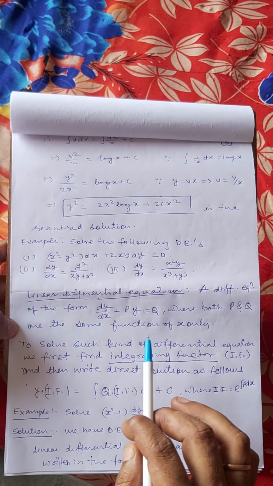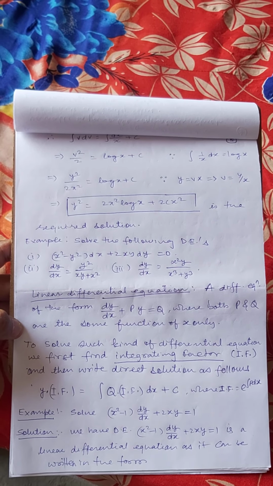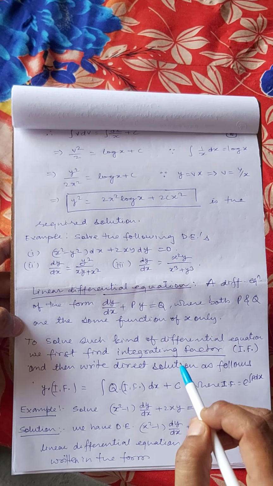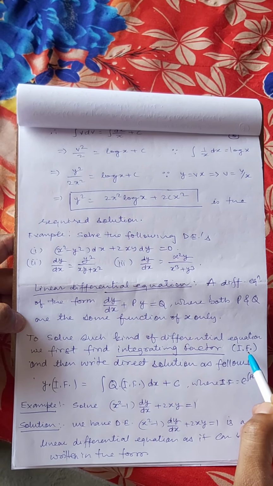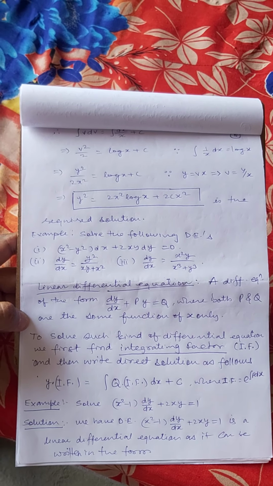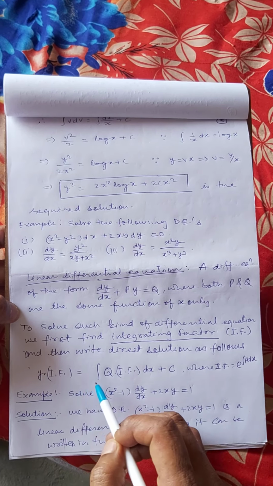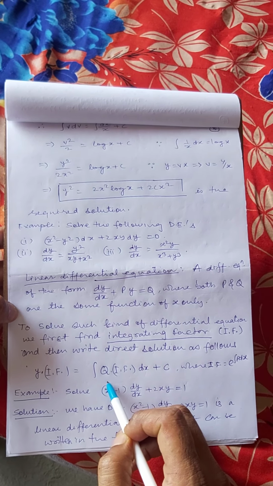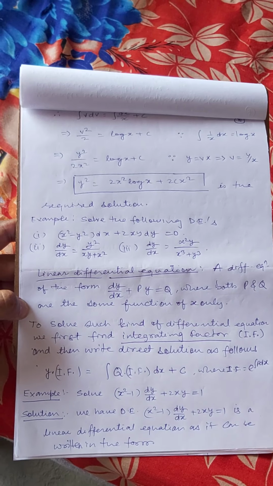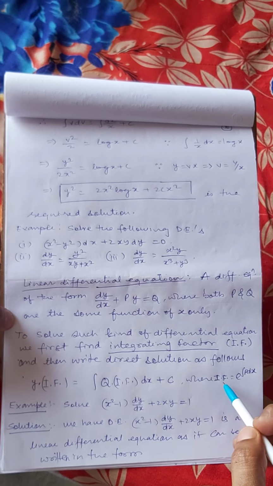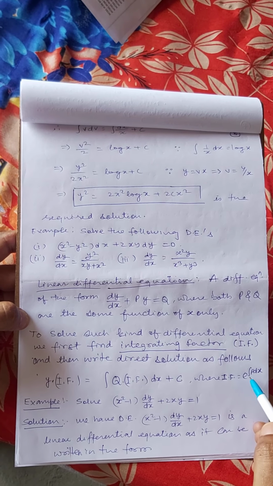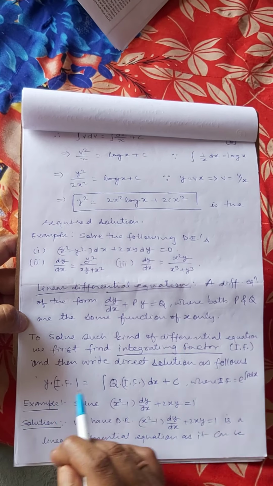To solve such a differential equation, first of all we have to find the integrating factor, generally abbreviated I.F. and we write the solution directly as y times integrating factor is equal to integration of q times integrating factor dx plus c, where c is the integrating constant, and the integrating factor is defined as e raised to integration p dx.